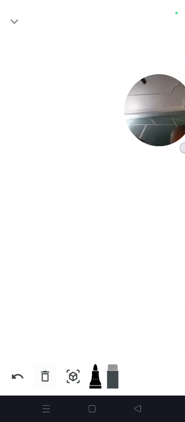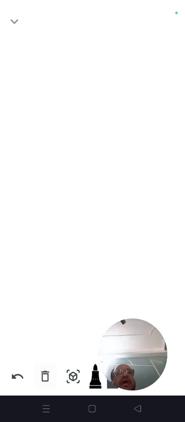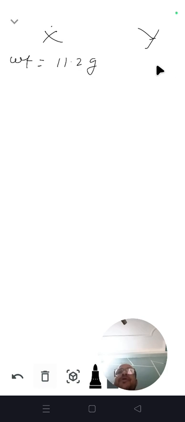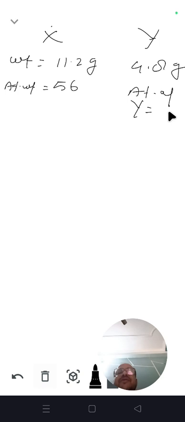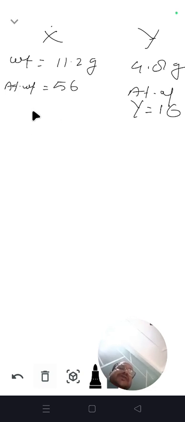So here we have X and Y. Weight of X is 11.2 gram and weight of Y is 4.8 gram. Atomic weight of X is equal to 56, and atomic weight of Y is equal to 16. Question asks, calculate the gram atoms.